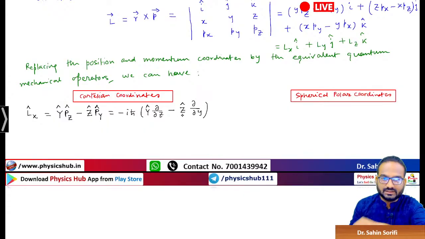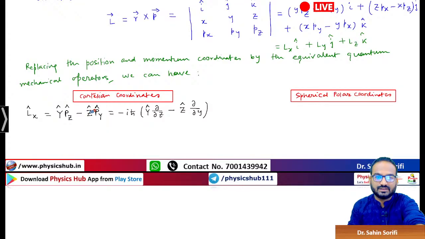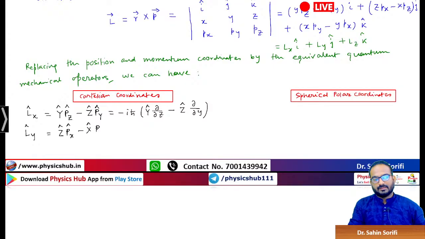This is actually capital Z, you just imagine it to be capital Z. Similarly, we can write Ly: z px minus x pz. So this is minus i h cut (z cap del/del x minus x cap del/del z).